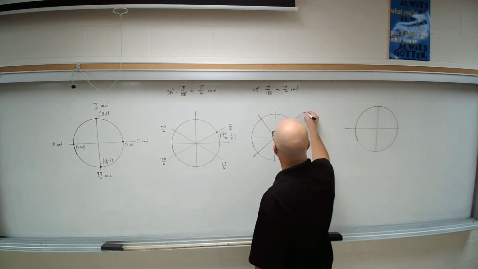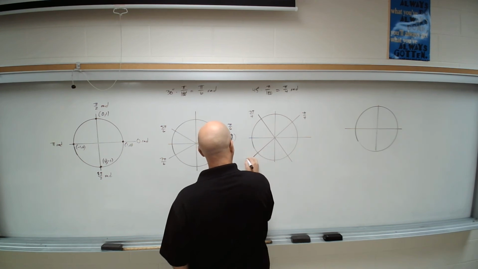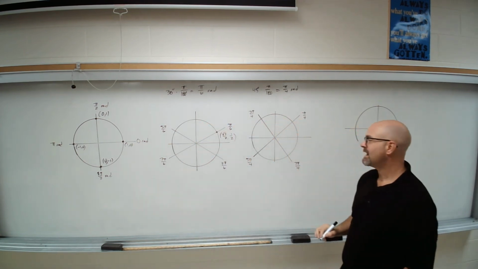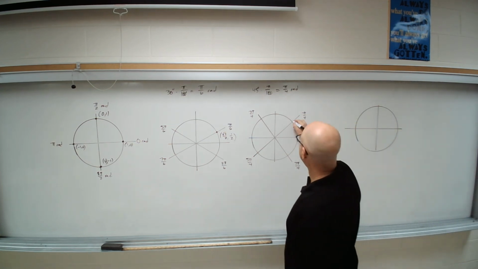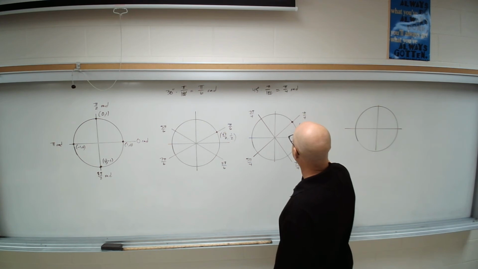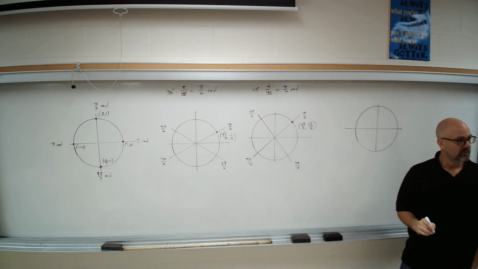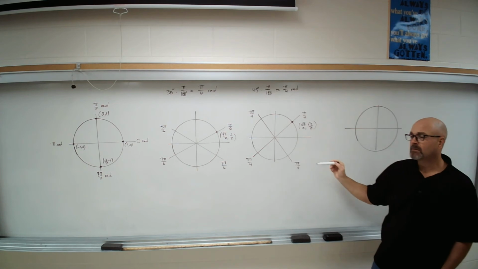We're going to get pi over 4, 3 pi over 4, 5 pi over 4, and 7 pi over 4. All these points will be some form of radical 2 over 2, radical 2 over 2. Notice again, they're all over 4. They're all completely reduced.